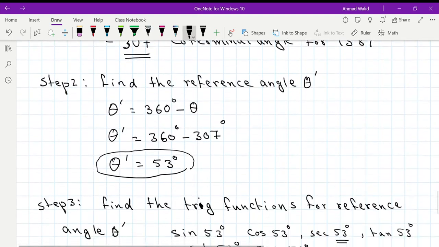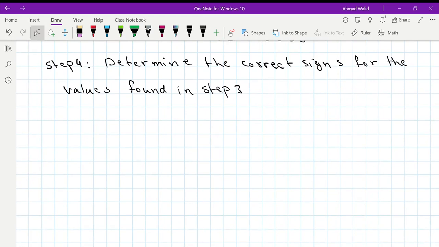That's the meaning of step 4. This is all. Follow these 4 steps. You can find the trig functions for non-quadrantal angles, correct?